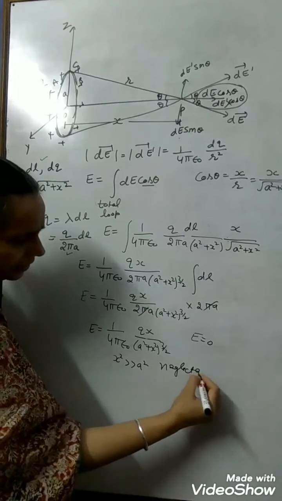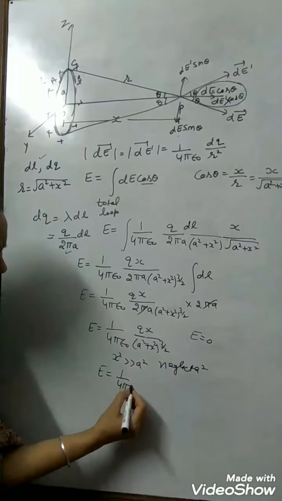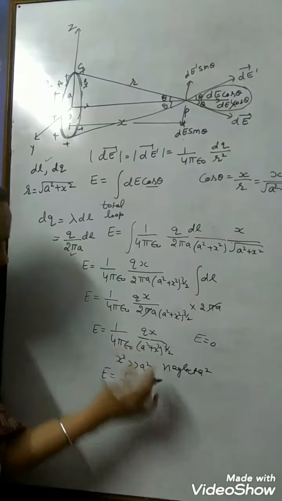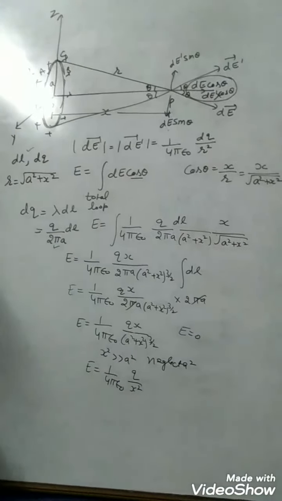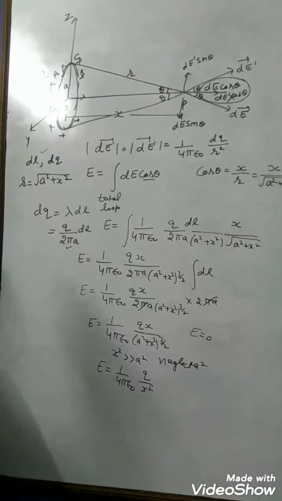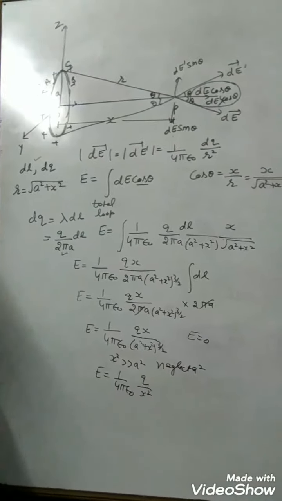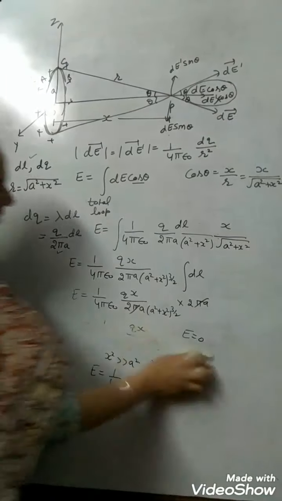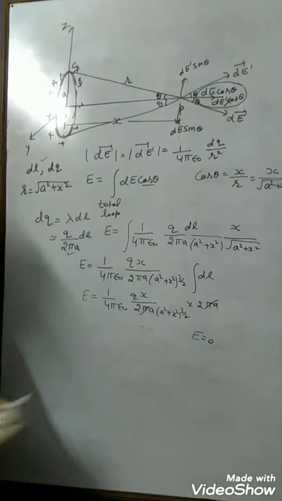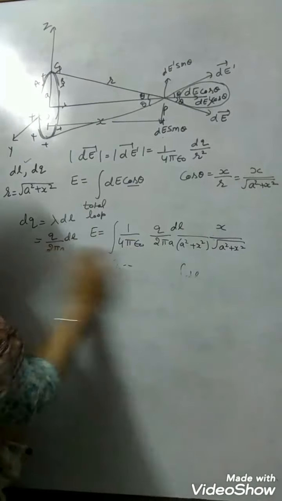Neglecting a square, we get the electric field as Q upon x square, which is the electric field of a point charge. It means for a charge loop, when the observation point is very far away, the loop is considered as a point object.